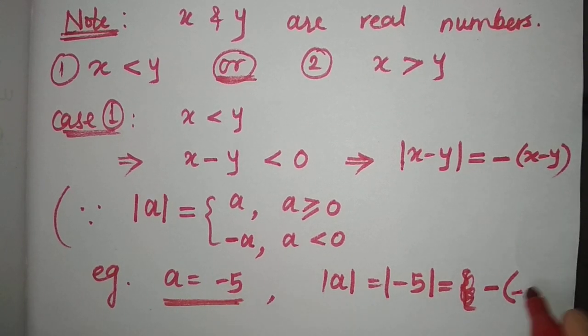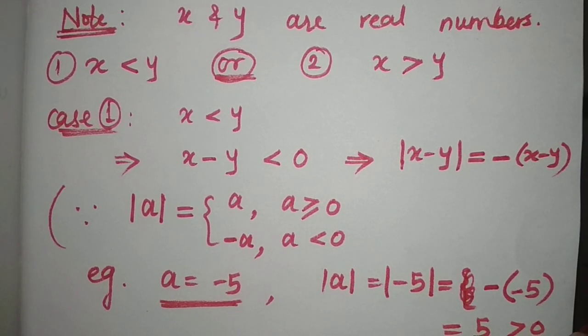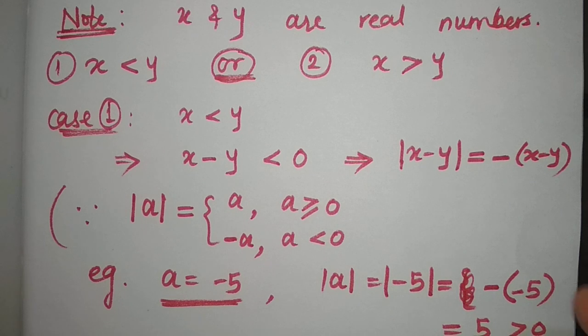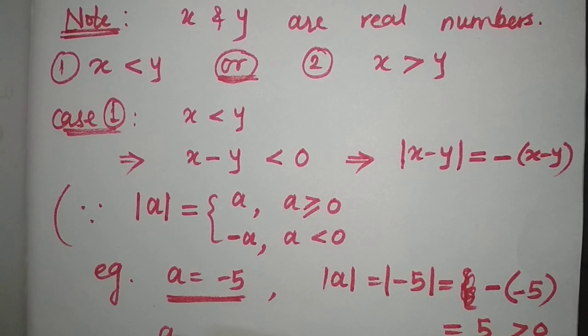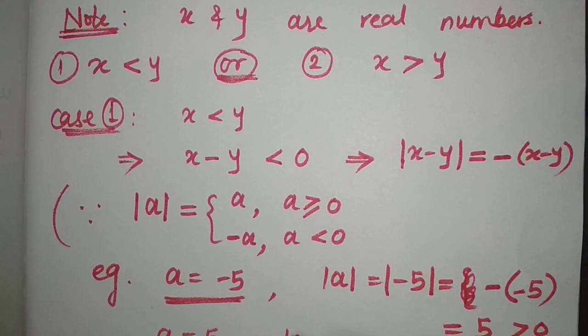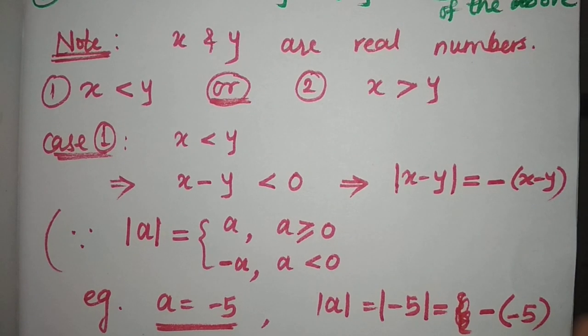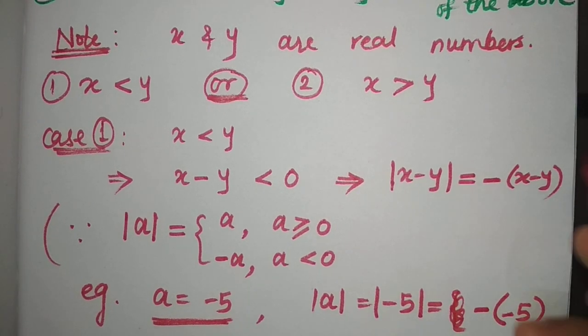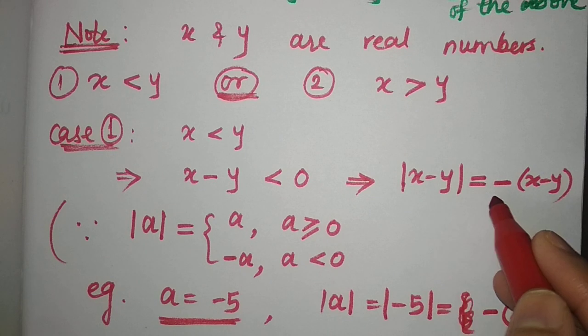So a is −5, and the result is 5, which is greater than 0. So modulus is always greater than or equal to 0. For a equal to 5, you will get the modulus of a as just 5, which is just a. This is the property of the modulus function.